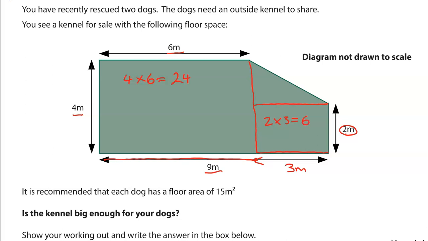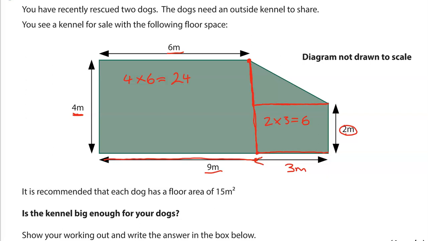Now the triangle, so that will be 3 by, what's this length equal to? Let's see. So from this point to this point, that is equal to 4.